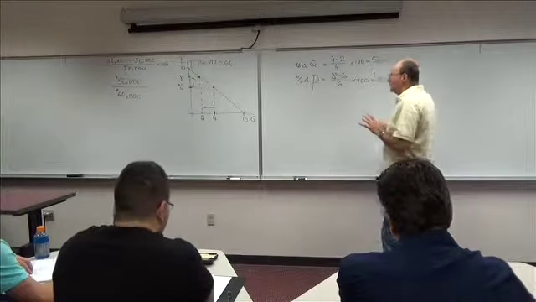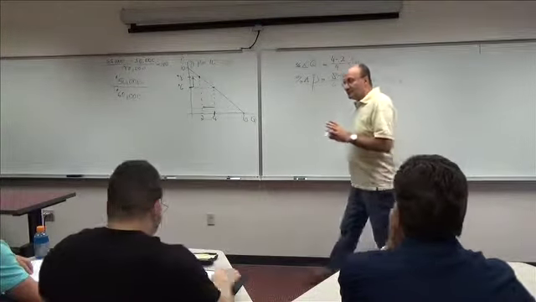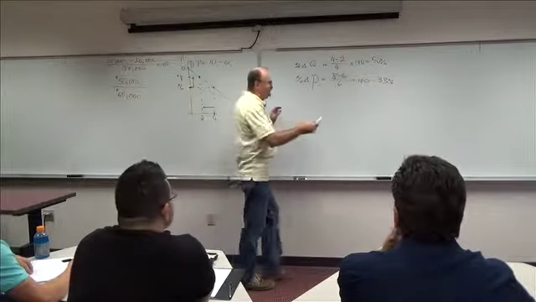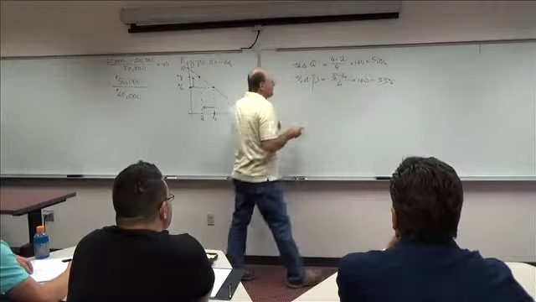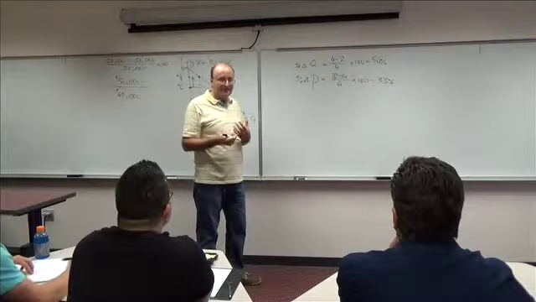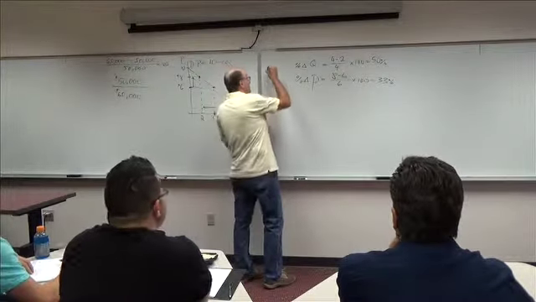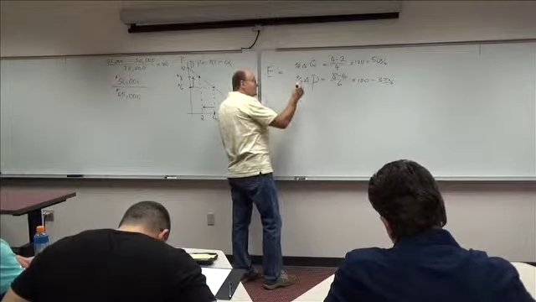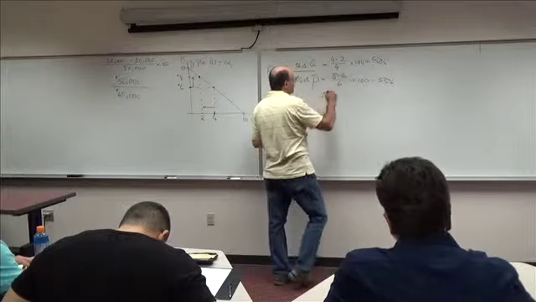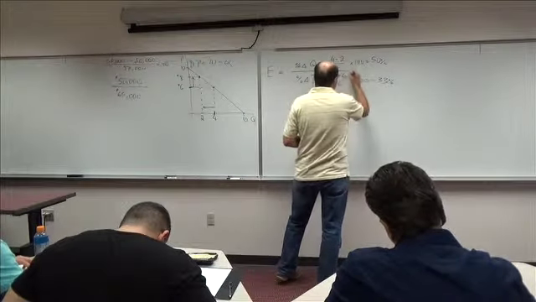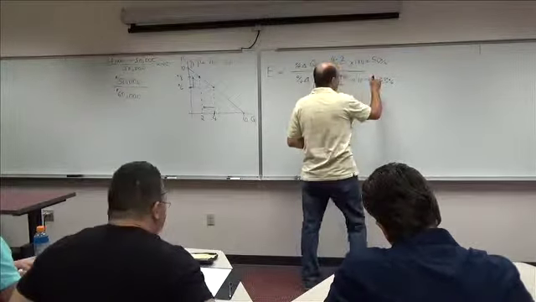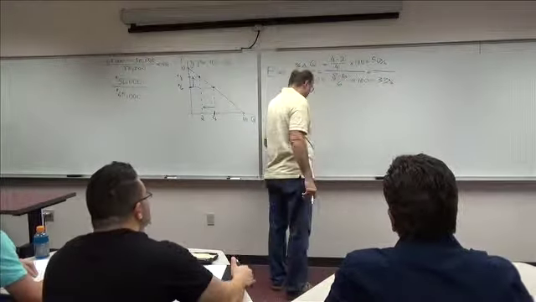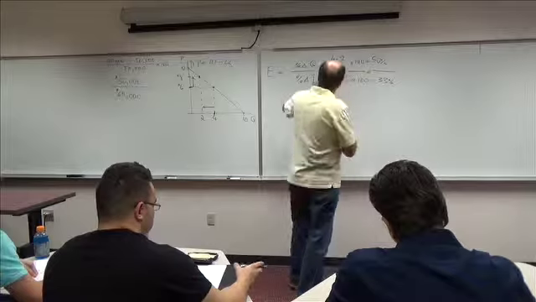Now, generally speaking, to find elasticity, we not only find these two numbers, but we then divide those two numbers. So elasticity is a ratio of these two numbers. Okay?